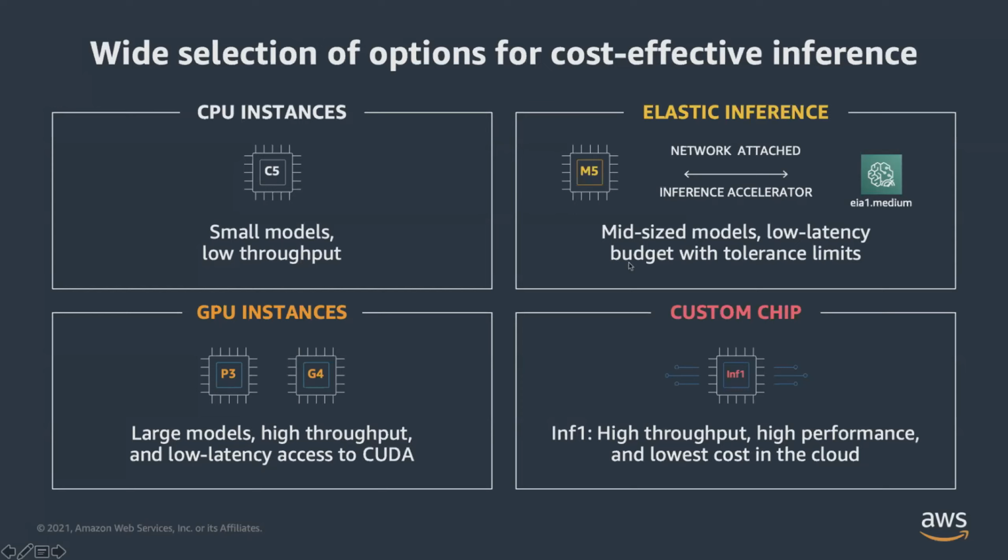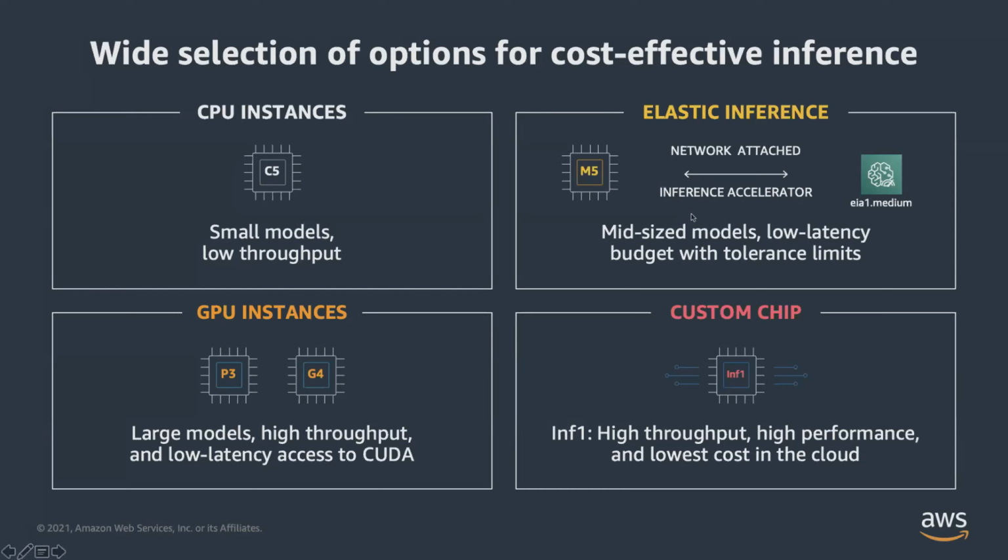Working together with the CPU, one optimized instance lets you serve mid-size models. For relatively simple models, for example if you have fewer image classes or text classes that you want to classify, you can choose the CPU with Elastic Inference as the mid-size use case, so that it's more cost effective and also brings really good latency numbers.